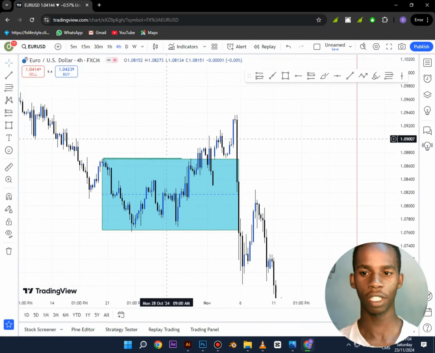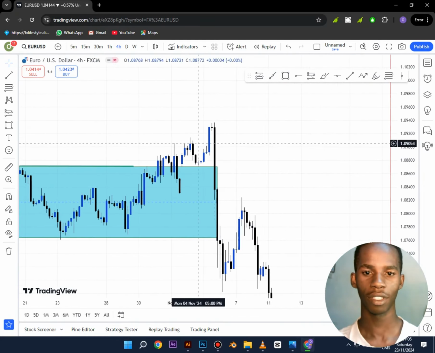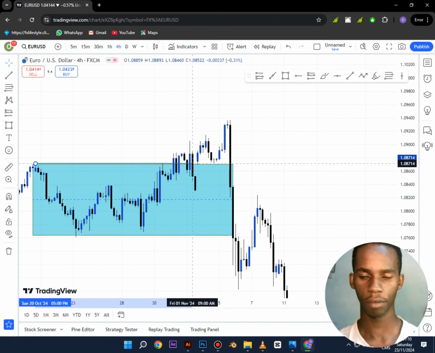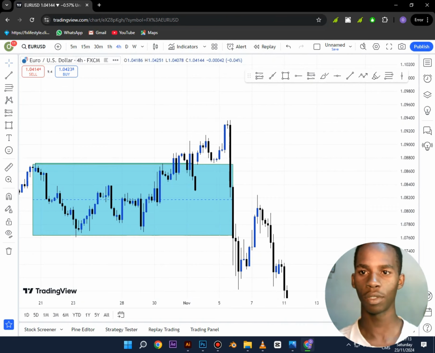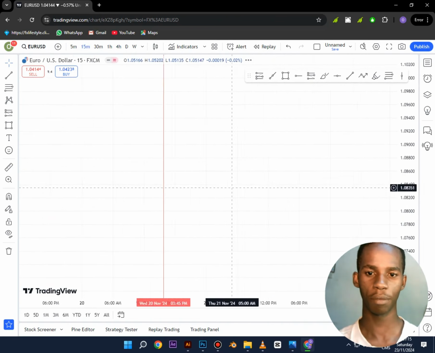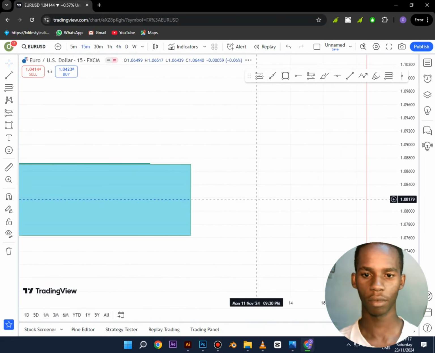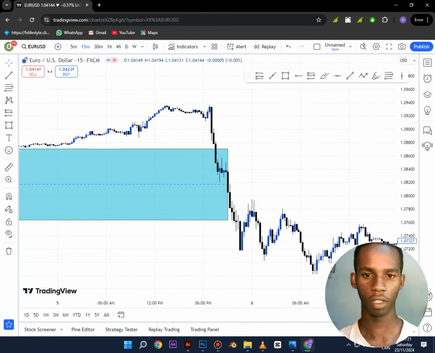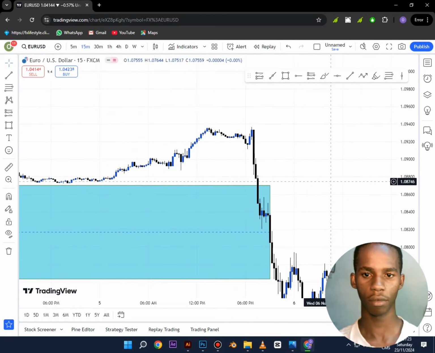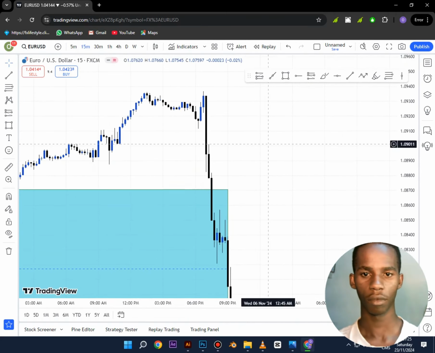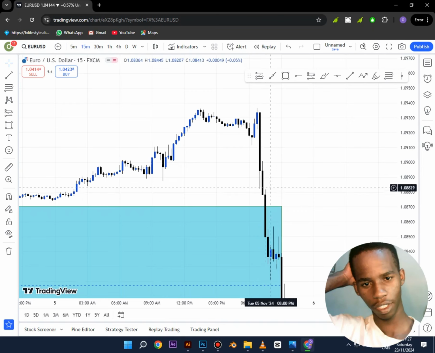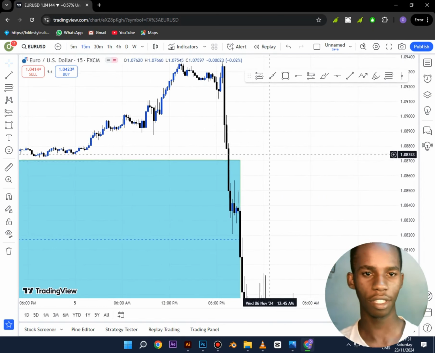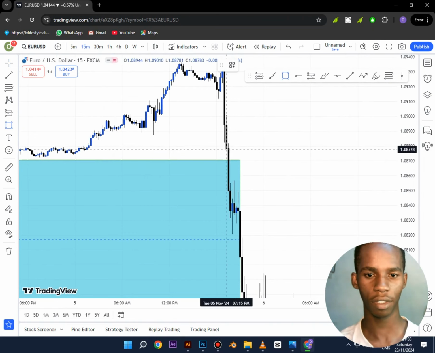So after having taken out the liquidity, I told you guys you drop into the 15 minutes time frame. Okay, so for this one there is no actually good retracement, but there is this fair value gap over here.